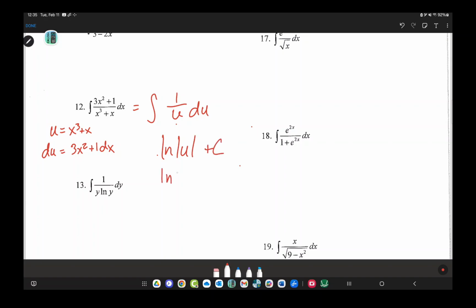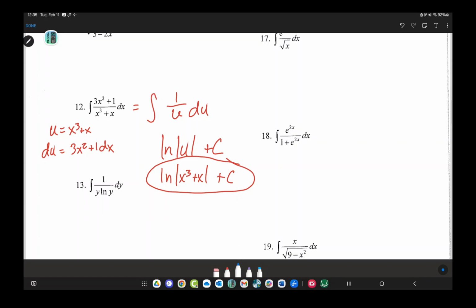So natural log of absolute value of x cubed plus x plus c. All right.